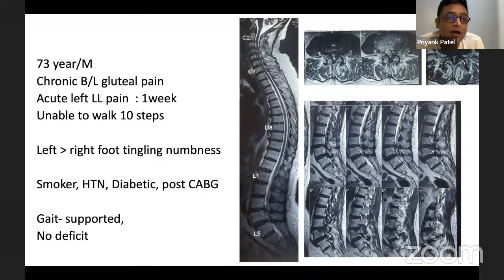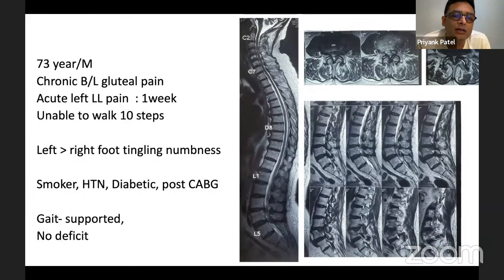The other thing you have to see is, in such tight stenosis, you would want to look for undetected bladder involvement. So in these patients, you should get a pre and post void USG done.